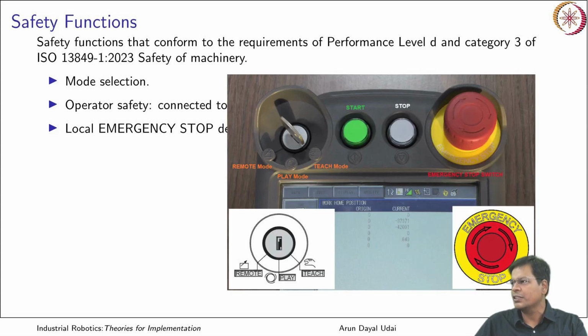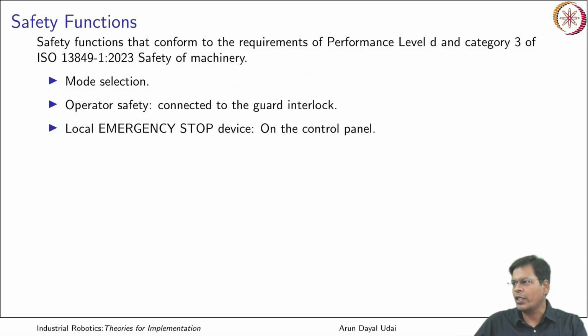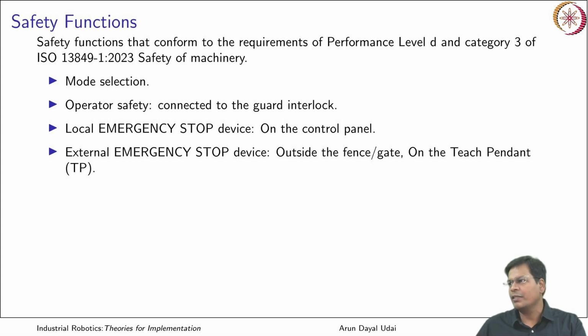You have an emergency stop switch on the teach pendant. It may be there locally somewhere in the workspace, outside the grill maybe. It can be placed at different locations depending on its use and the user's flexibility. An external emergency stop switch is also there, outside the fence or the gate, on the teach pendant and on the control panel.